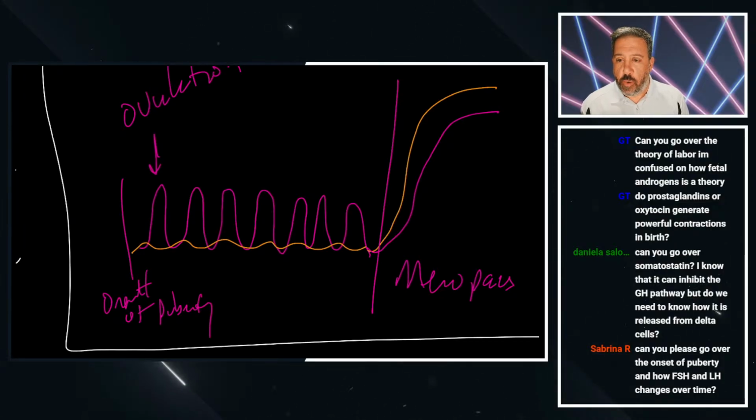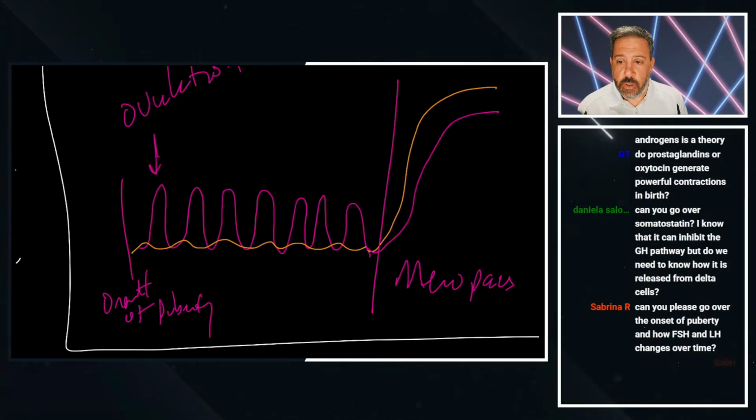Know what hormones we've talked about have those circadian rhythms. So cortisol was the big one. Know the Renin cascade.